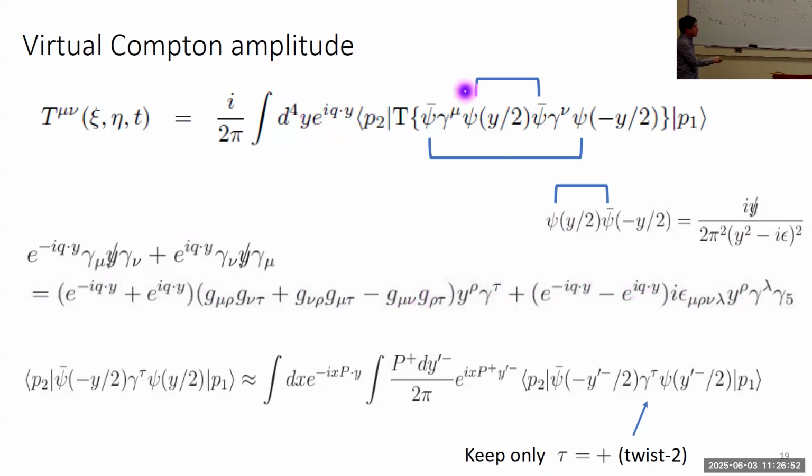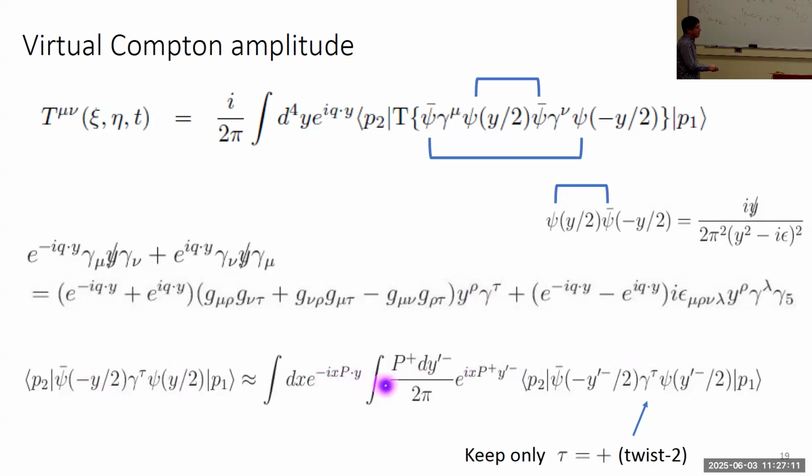So there are 2 terms because I have 2 ways of contracting the quark field here and here. Now I have a matrix element of psi bar, psi, and this gamma matrix here, which I write in this way.